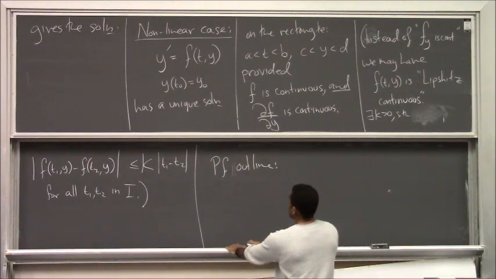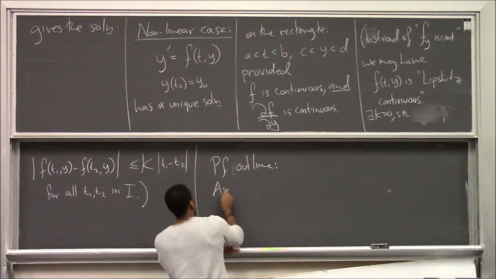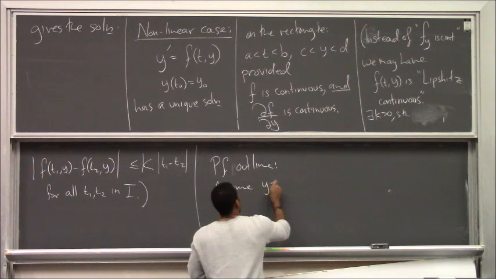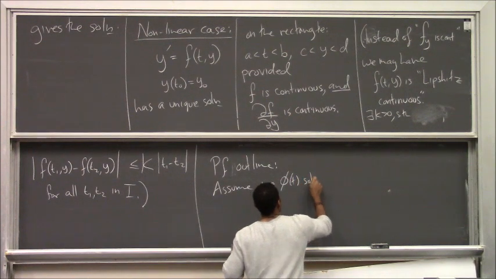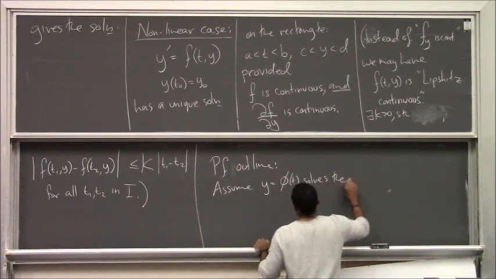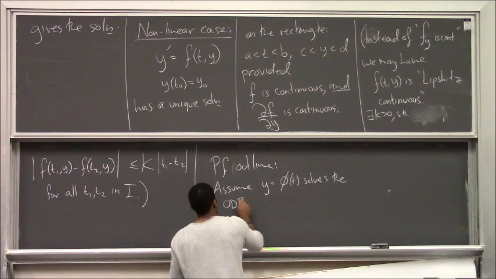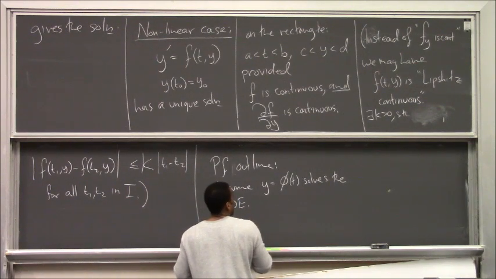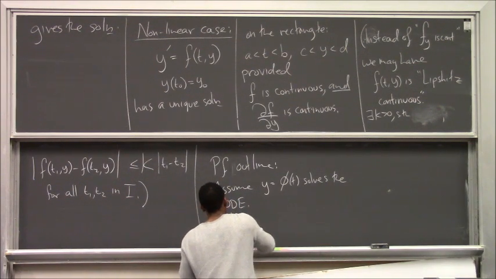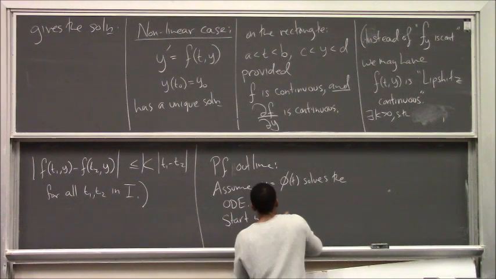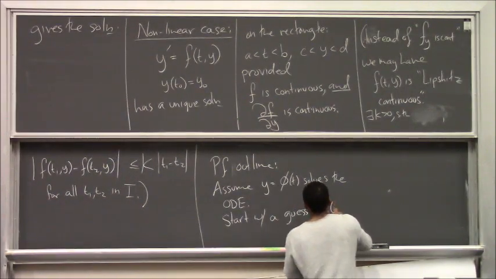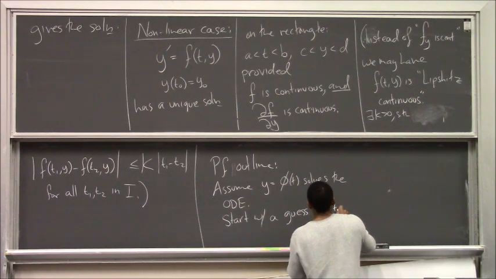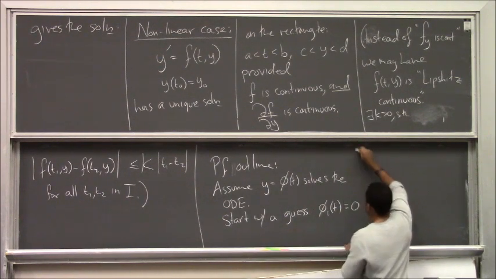Basically, you assume y equals some function, which you call phi of t, solves the ODE. You start with a guess, phi of 1 of t. Usually they start with a guess of 0.